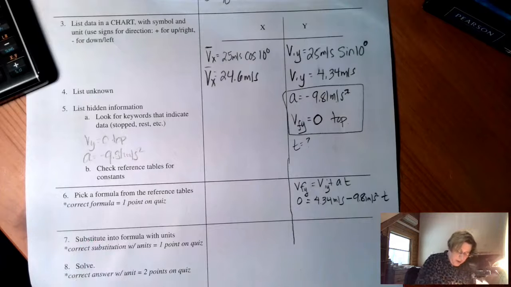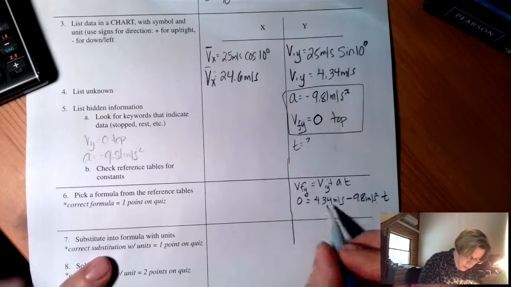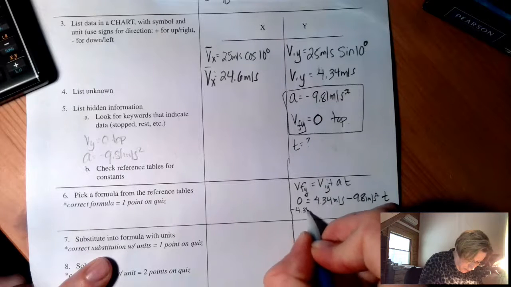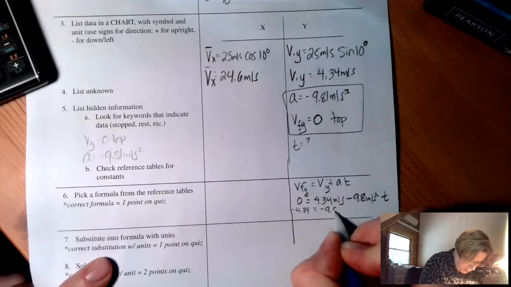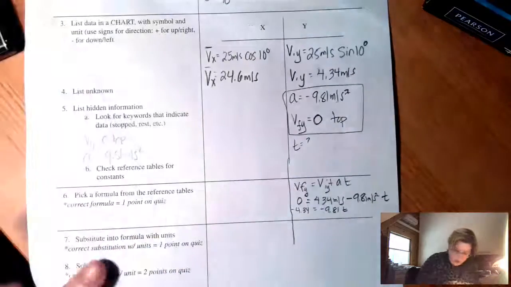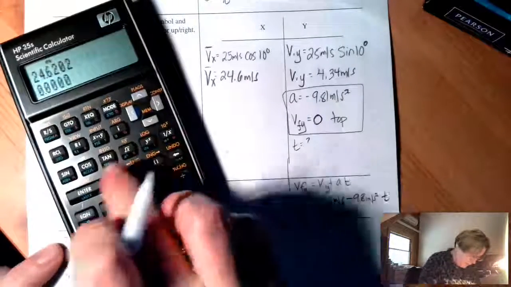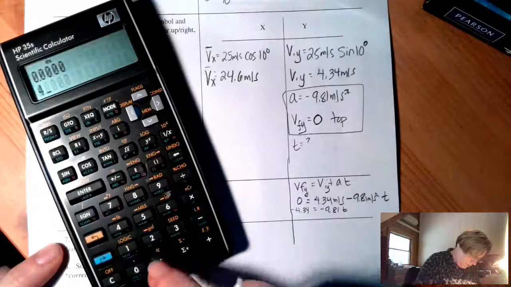So negative 4.34, I'm dropping units, equals negative 9.81 t. When I do the math there, I get that t equals 0.44.